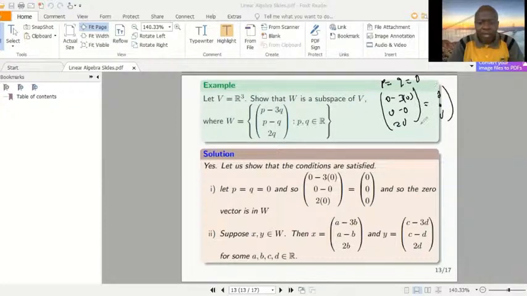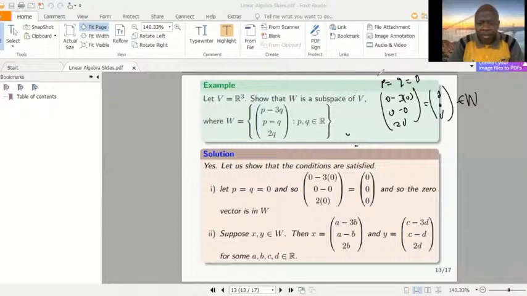So the vector 0, 0, 0 is in W, which means W is non-empty. The first condition has been satisfied. Remember, the only thing you are told is that P and Q must be real numbers.